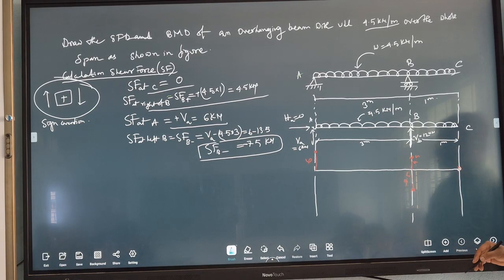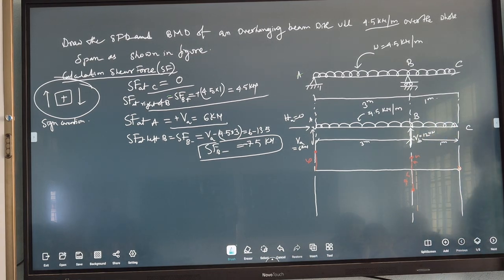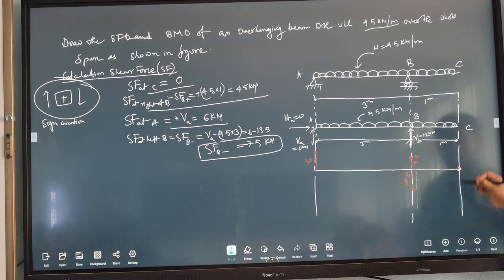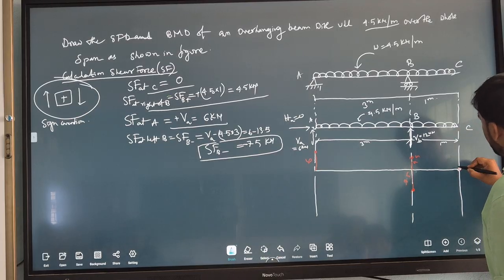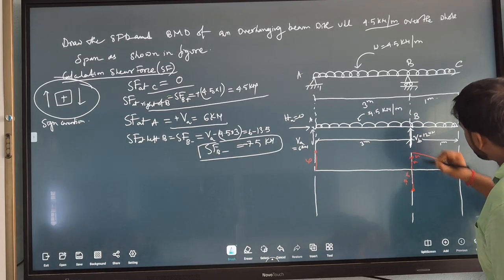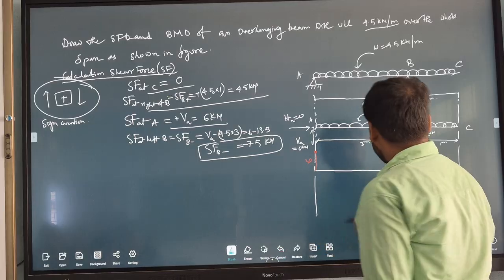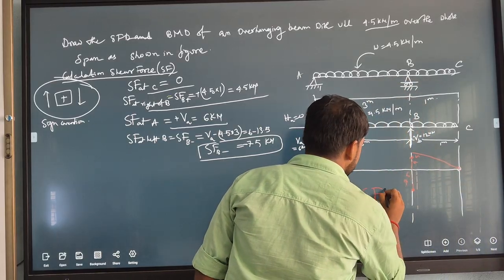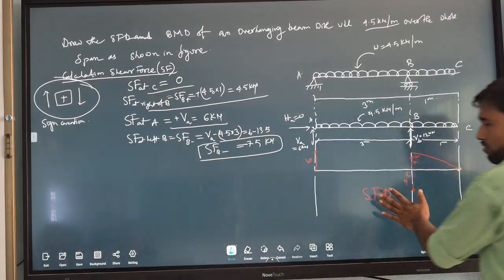This is the shear force diagram, so a straight line. To join with a straight line, it becomes a triangle. Just join C and B. This is your SFD. I think there will be no confusion.